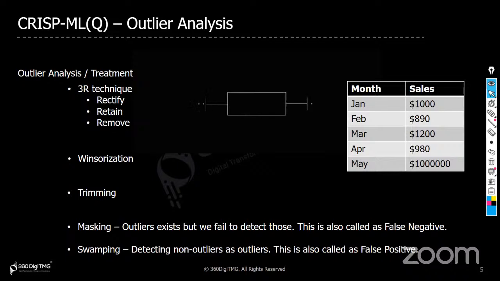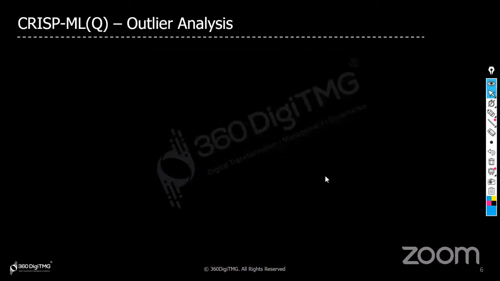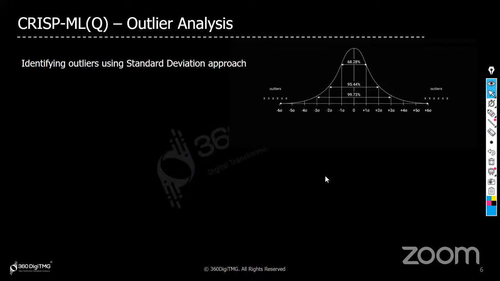And what else is there? We can use the standard deviation approach as well. We already talked about this: plus or minus one standard deviation, two standard deviations, three standard deviations.